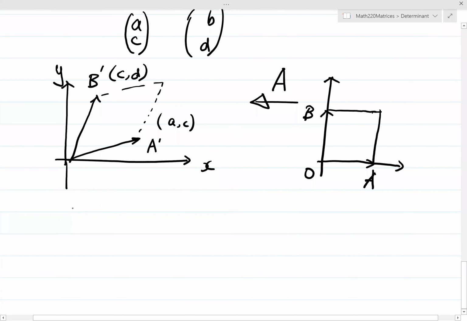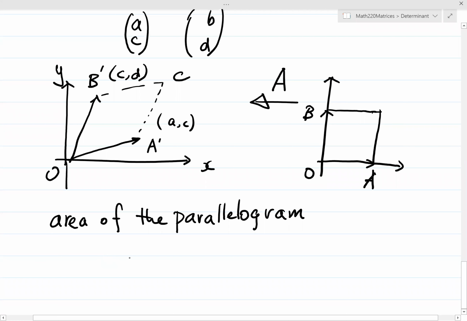Now the area of the parallelogram is OA prime times OB prime times the sine of the angle between them, sine theta.